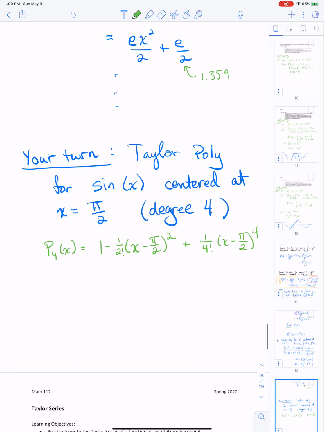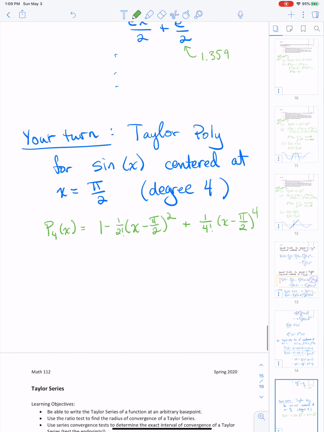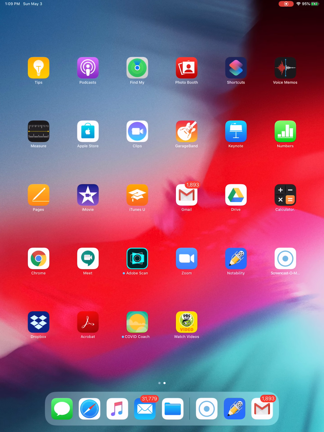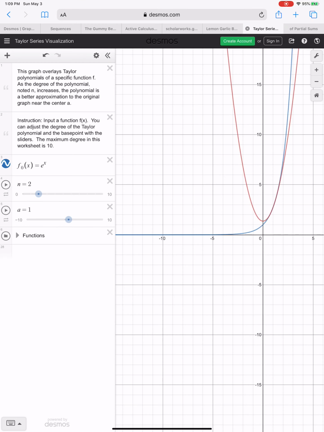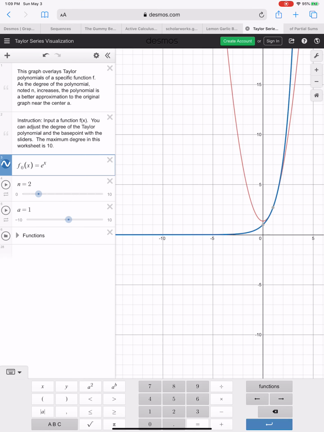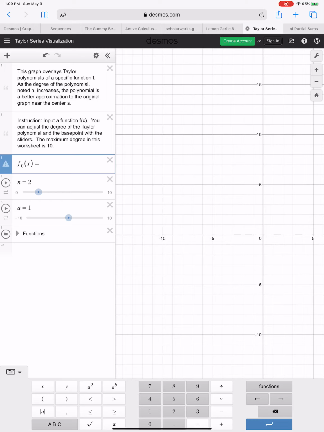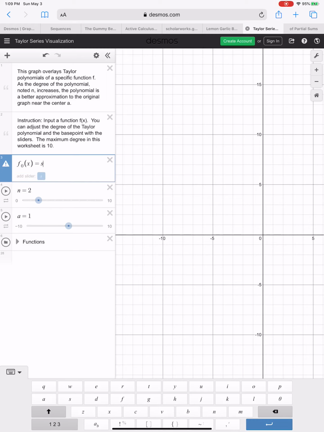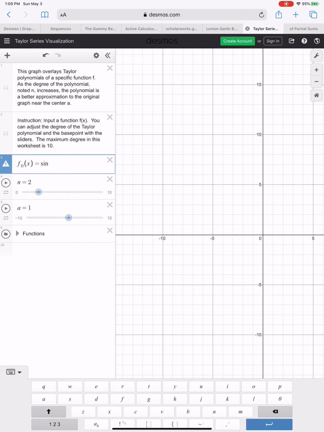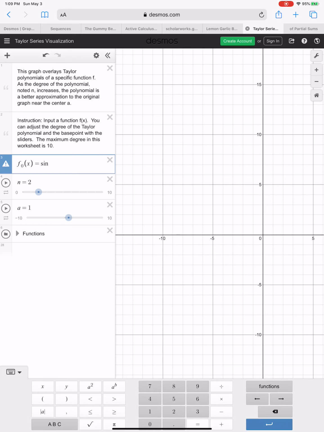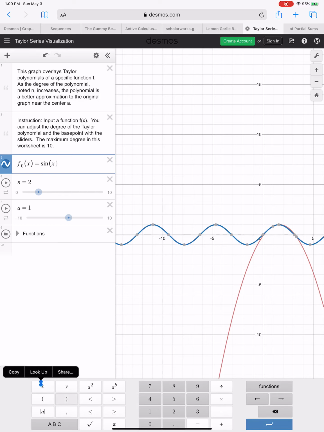You can do the same thing with the Taylor polynomial for sine of x. So we're going to go ahead and do that. We'll get the degree 4 Taylor polynomial. So back here, let's change this function. All right, so here's sine of x.